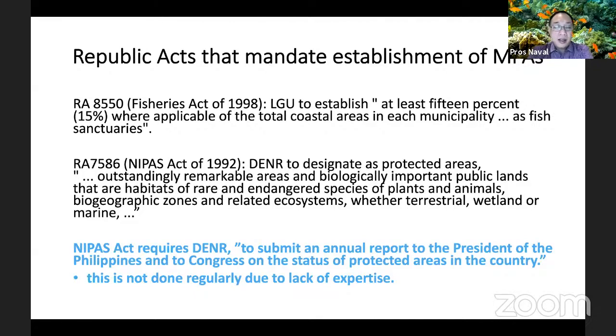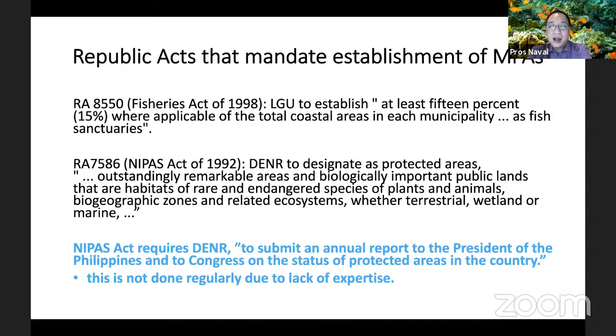However, this is not done regularly due to lack of expertise. When we say lack of expertise, there are many marine scientists who can do fish visual census, but it's not enough.